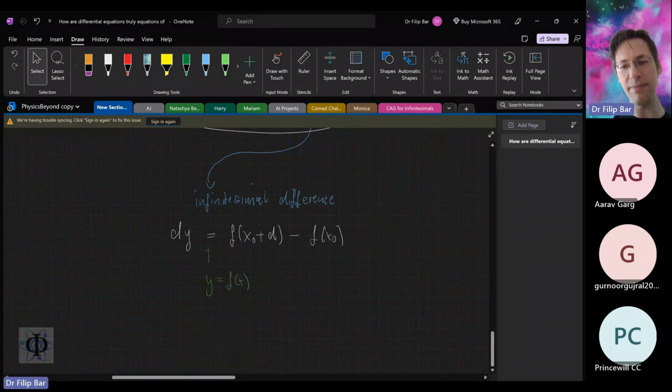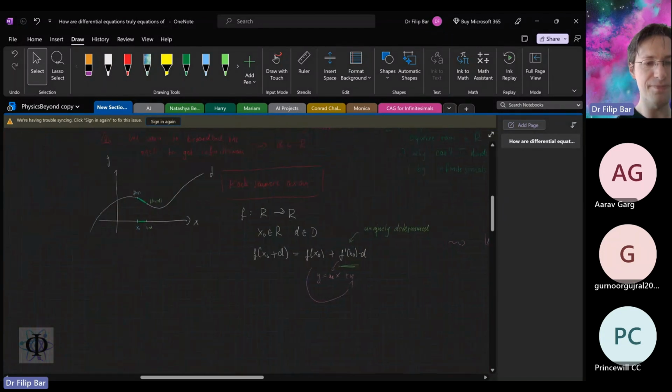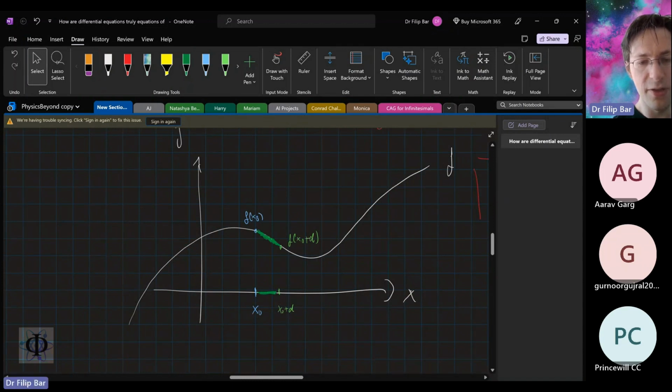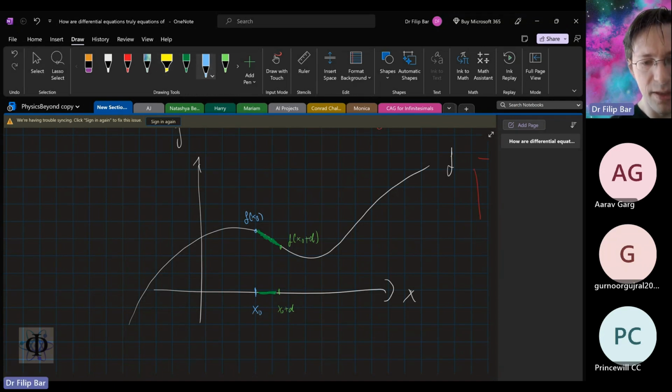So essentially, let me go back to my picture here. If I were to plot things over here, let's use blue, right? So that's f of x naught, and that's f of x naught plus d, right? So what I'm really looking at is this difference here. That's infinitesimal.